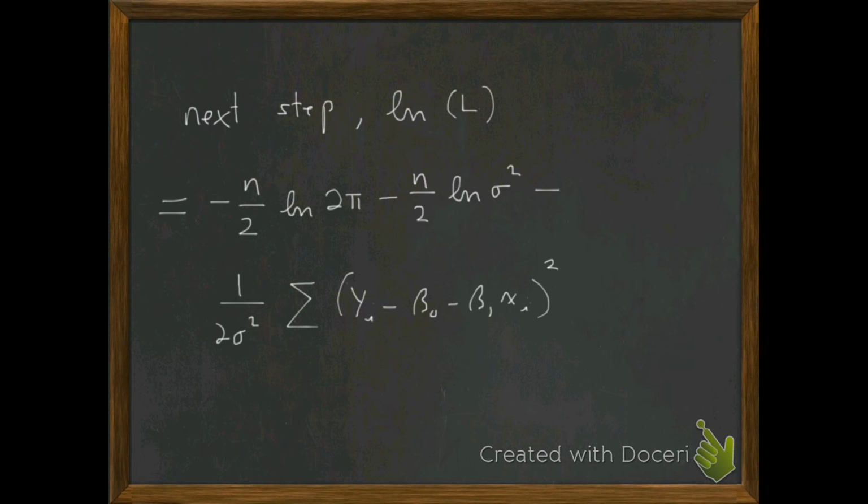All right, gang. In the Bernoulli example, we had one parameter, theta, but in this situation, we have 3. Assuming that this value is given, so that makes it a constant, we have 2 parameters, so we need to look at the partials. So I need to look at the partial of the natural log of the likelihood function with respect to beta 0.